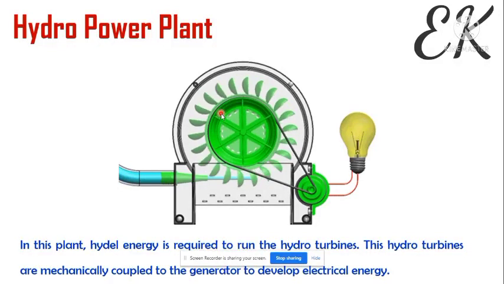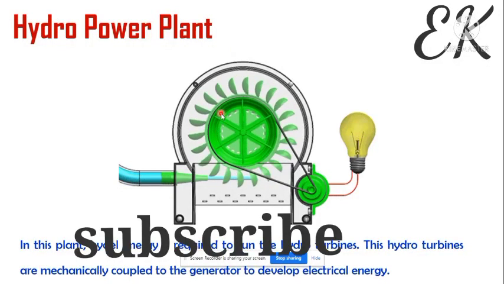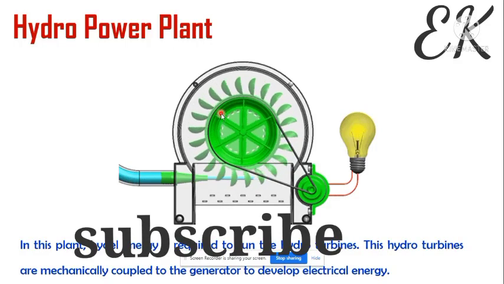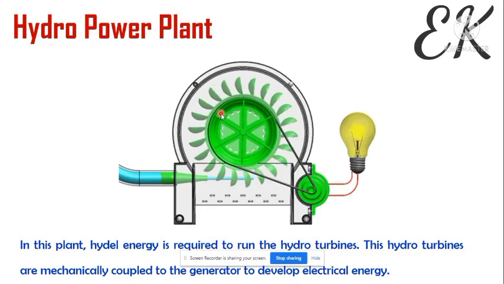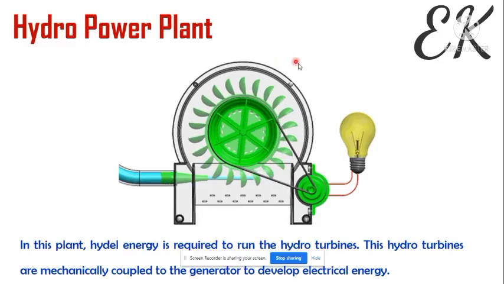So, hydropower plant. Generally, the electricity by the hydropower is one of the cleanest methods of producing electrical power. Hydroelectricity is the most widely used form of renewable energy.